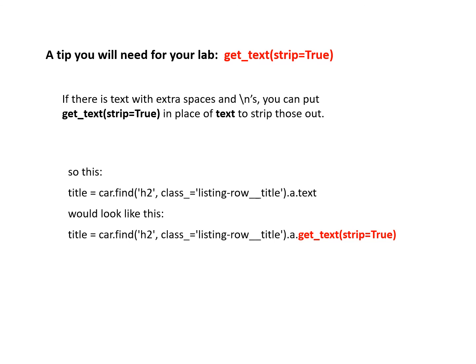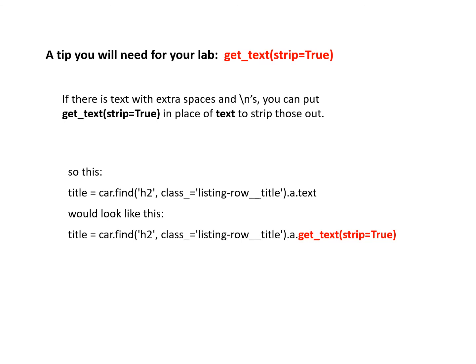Also, when you look at that HTML, you'll see a lot of backslash n's, and that's saying go to the next line. The strip, that same command, will also get rid of those backslash n's. Okay, so looking down here, if you had something like title equals car.find, you're looking in the H2 tag with a certain class, and you're looking in an A tag, and you're finding the text.